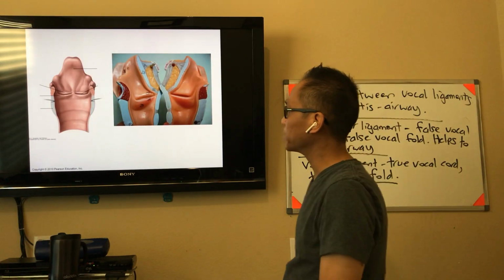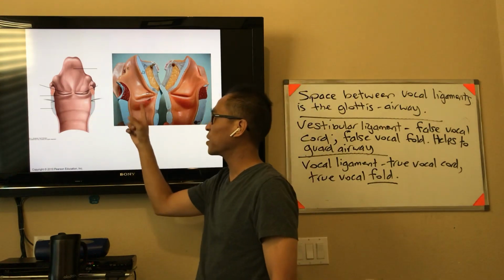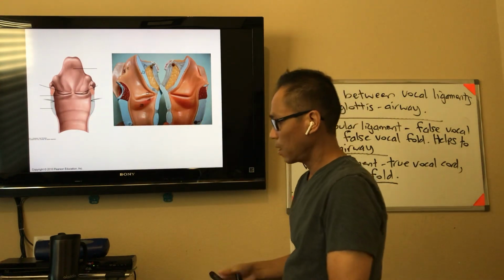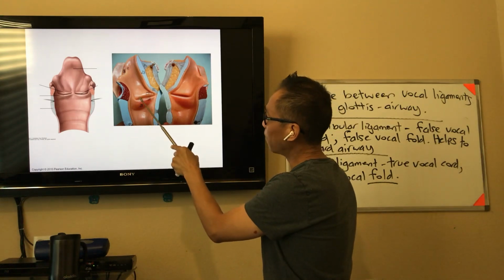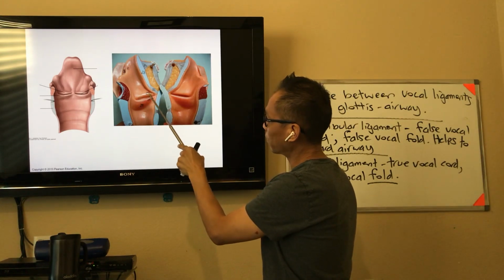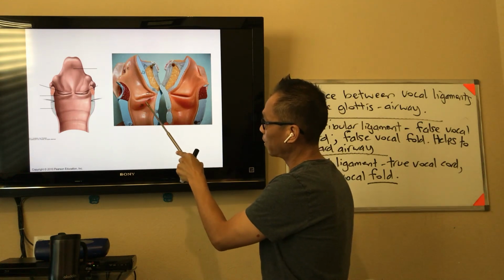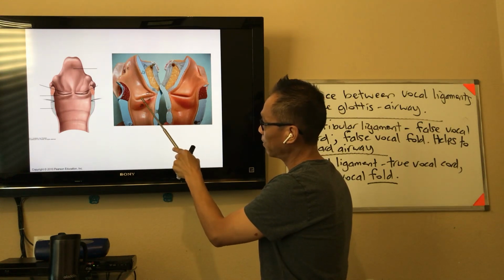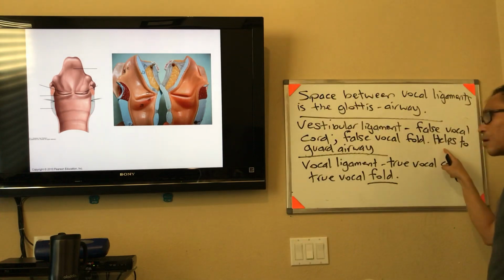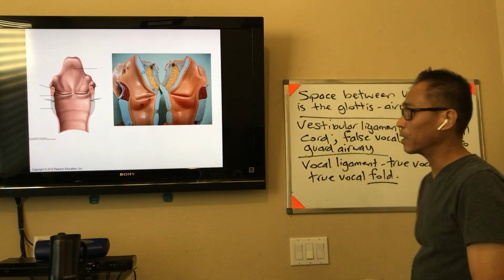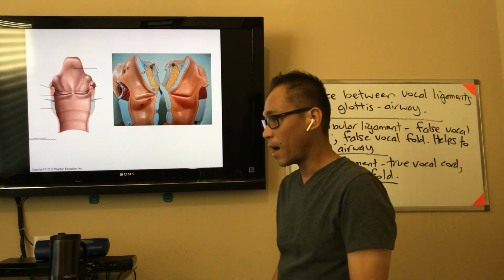I like this picture because it shows this top line right there, that's the false vocal cord, or vestibular ligament. There's the true vocal cord. You can see there's a little shelf there, in part created by the false vocal cord. That's why I said that little shelf helps to guard the airway. Hopefully that picture lets you see why.